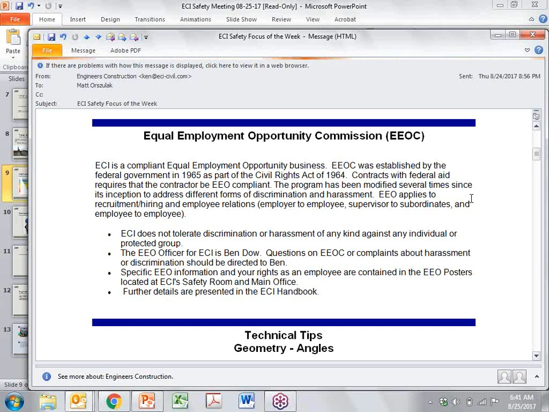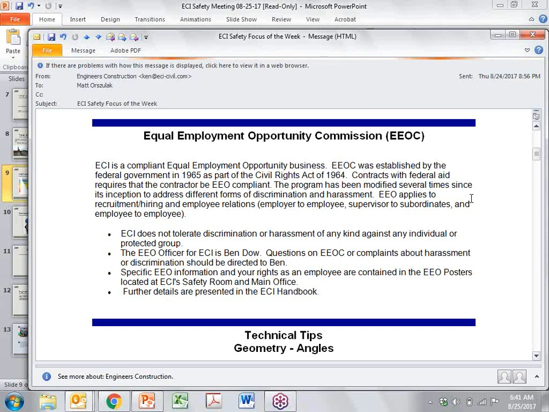If you have questions on EEOC or complaints about harassment or discrimination or anything like that, just check with them. Specific EEO information and your rights as an employee are contained on these EEO posters located in the safety room in the main office. And this poster right over here talks about it. Mostly Vermont.